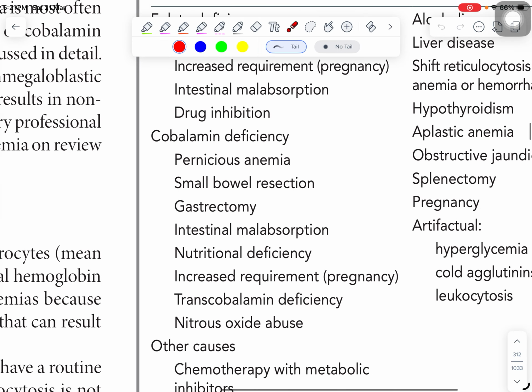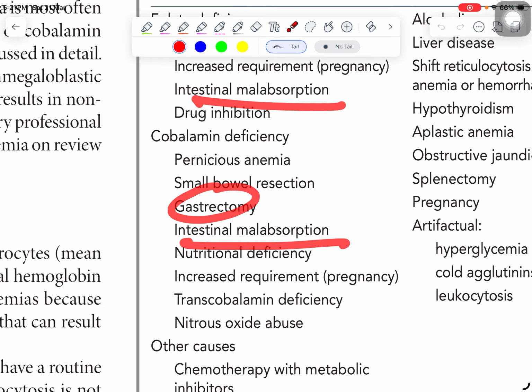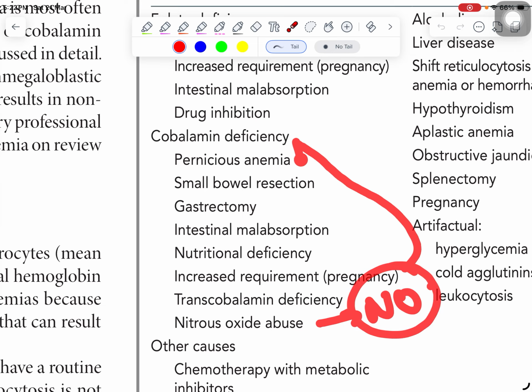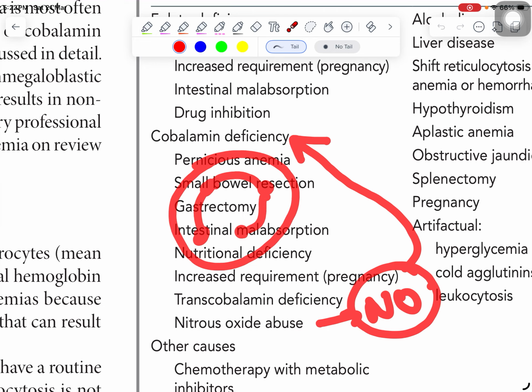Now cobalamin deficiency is the same, like small bowel resection. Pernicious anemia can cause cobalamin deficiency, gastrectomy, intestinal malabsorption, here also intestinal malabsorption, nitrous oxide abuse, the laughing gas, maybe this is called laughing gas, I'm not sure. When it is abused a lot, then B12 deficiency can occur, then megaloblastic anemia can occur.